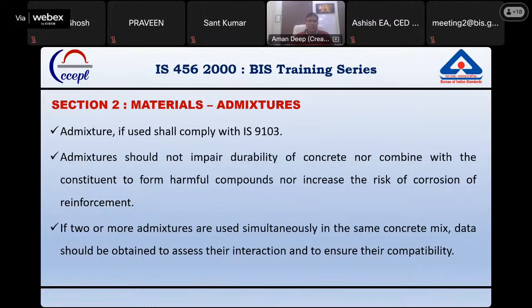So all the limits are to be kept in control so that there is no risk to durability of concrete or the corrosion of the reinforcement. If two or more admixtures are used simultaneously in the same concrete, the data should be obtained to assess their interaction and to ensure their compatibility. Now, they should not harm each other and they should not harm the concrete as such.